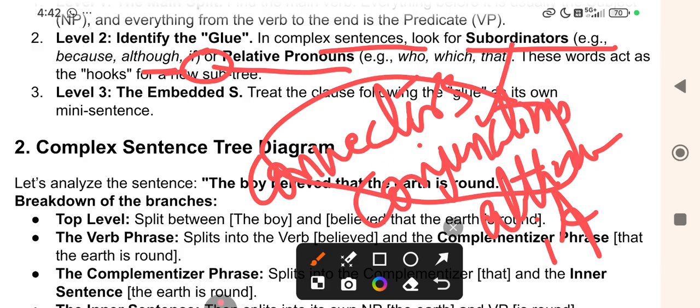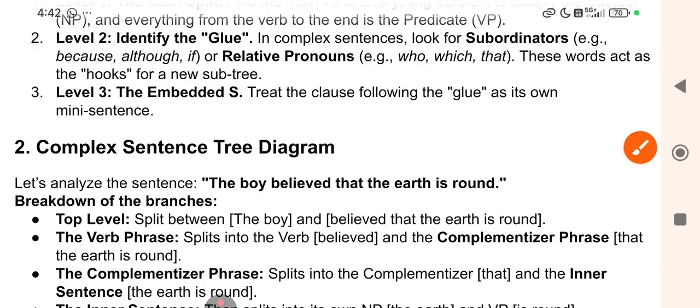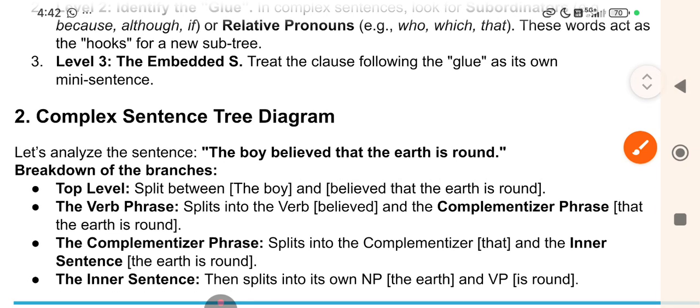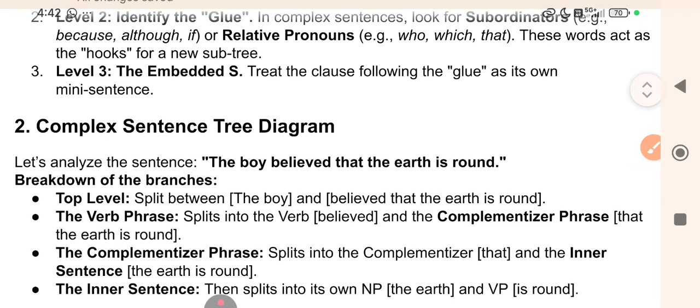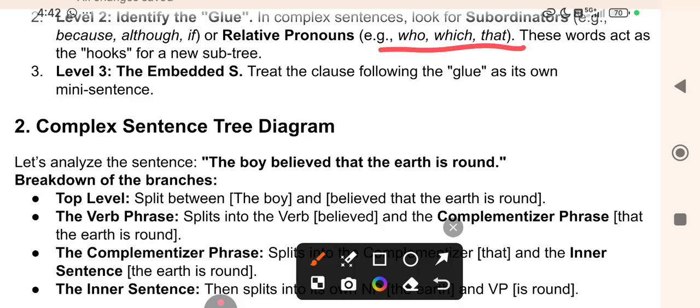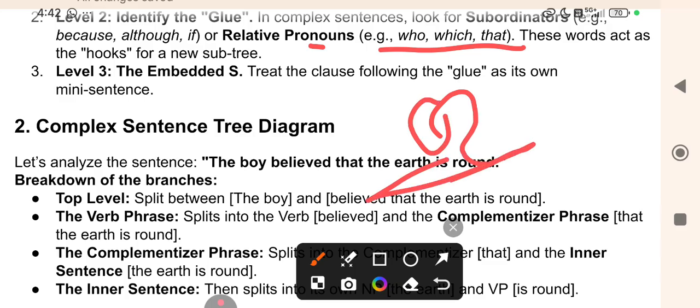So in the second level we have to find the subordinators or relative pronouns. Relative pronouns are WH words and that, who, whom, whose, which, right? So these are all called relative pronouns. These words act as the hooks for a new subtree, meaning the other part is hung or attached here.